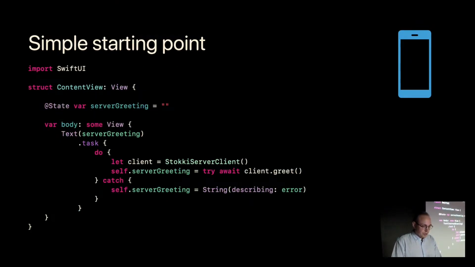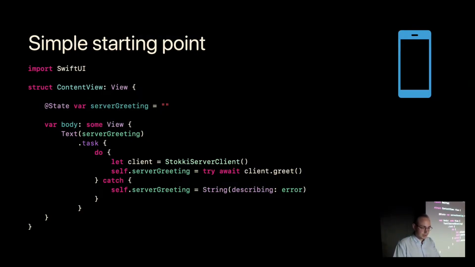And then we could imagine that we've got a SwiftUI view that updates a label based on the response we get back from the server. So here we've got a simple view with the text, and the content of that text is attached to a state. Then we can add a task on that.